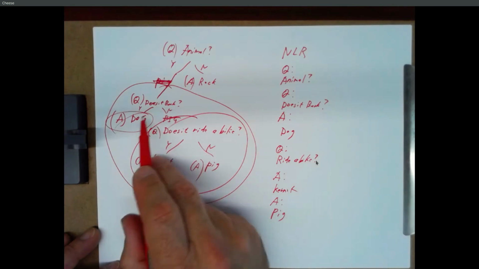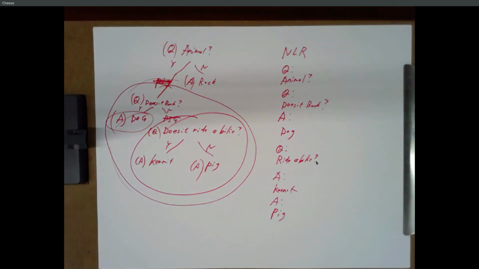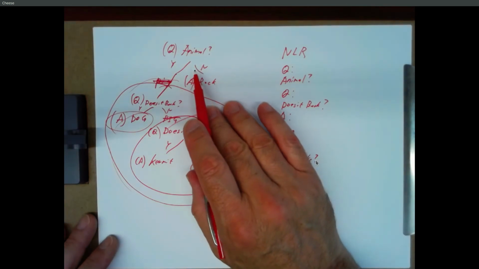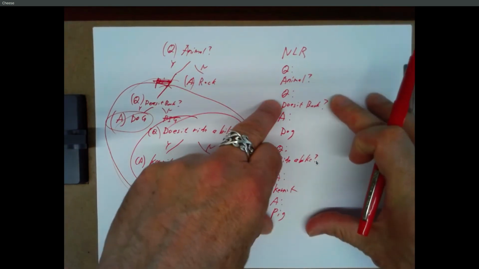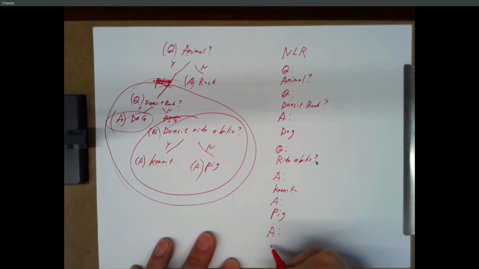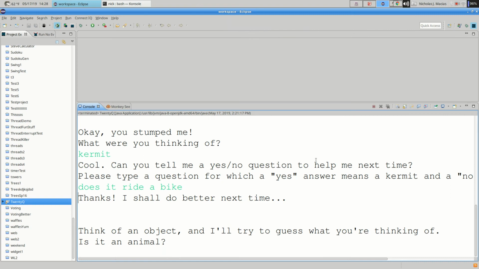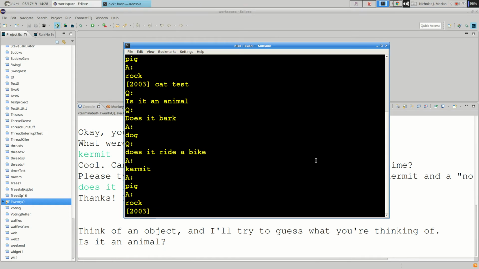Now we've traversed the root, the left and the right subtree of this outer circle. We're done with the left subtree of the original tree. We did the root, we did the left subtree, now we have to do the right subtree, and that's just going to be answer, rock. So that's what we would have written into the file. And that's what the file actually has in it. As I peek to see if I'm telling you lies. Nope, we're good.